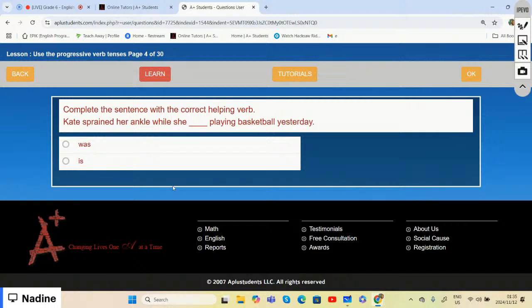So Kate sprained her ankle while she was playing basketball yesterday, or while she is playing basketball yesterday. Which one is correct?